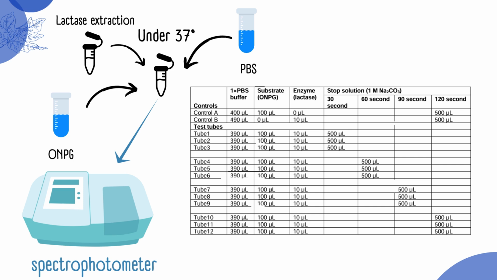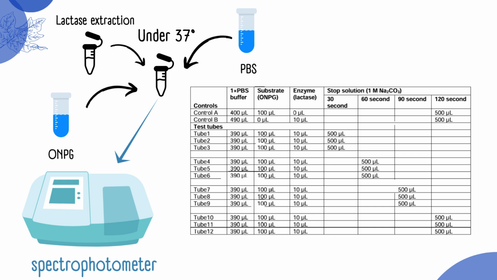The enzymatic activity of lactase was measured at 37 degrees using ONPG as a substrate. A total of 14 microcentrifuge tubes were prepared, each containing a mixture of PBS buffer, ONPG, and lactase extract. The tubes were incubated in a dry bath at 37 degrees for specific time intervals.